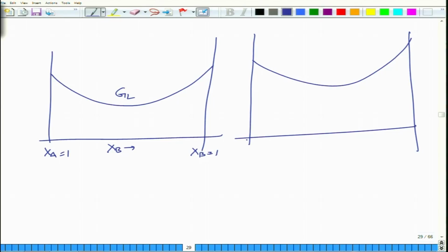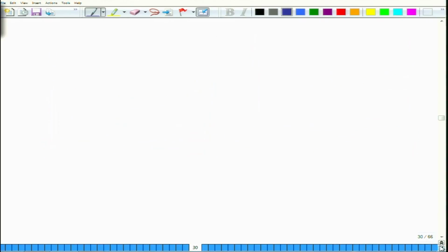GS is shallower as compared to GL. This is XB. Now, it is the relative movement of GL and GS with respect to each other that will determine the stability of various phases.